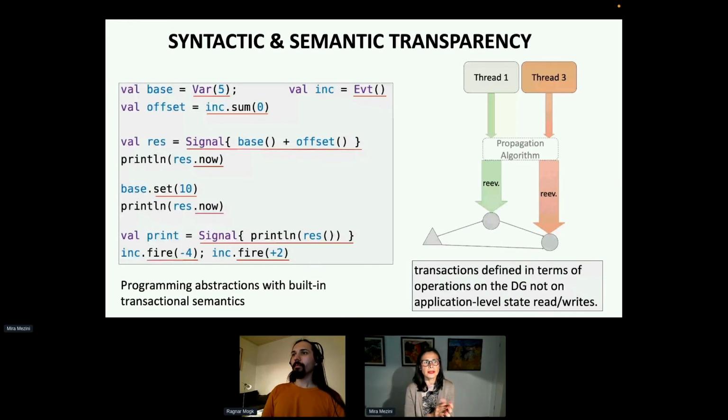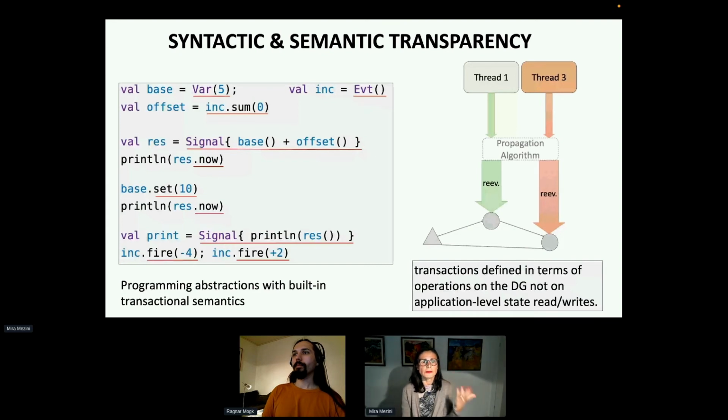Remember that I said that all interactions with the outside world happen through the propagation algorithm, and the transactions, as I call them, or the flows, are defined in terms of operations on the dependency graph, not on application-level state reads and writes.